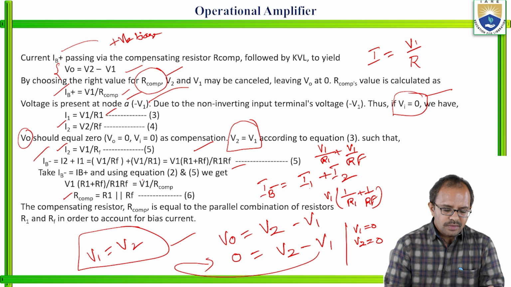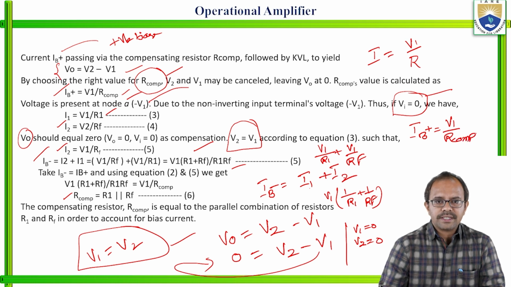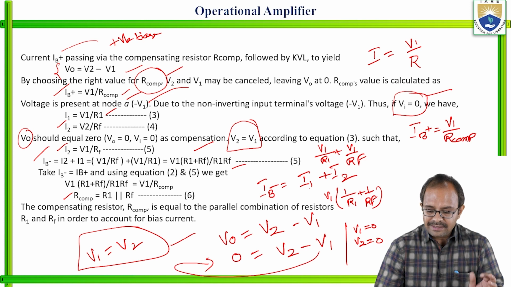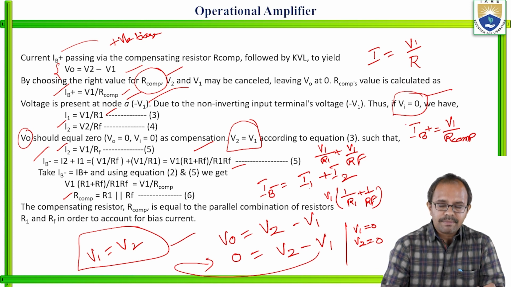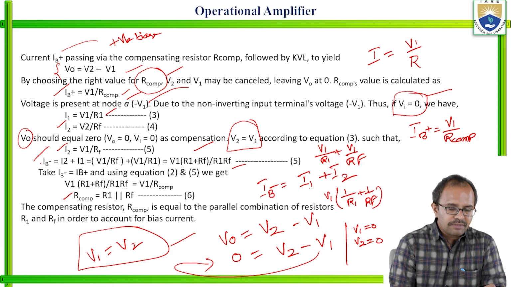Look here, we said IB plus. What is IB plus? IB plus is equal to V1 by the compensating resistance R, right? So in the ideal situation, we said IB plus is equal to IB minus. I have got an expression for IB minus.